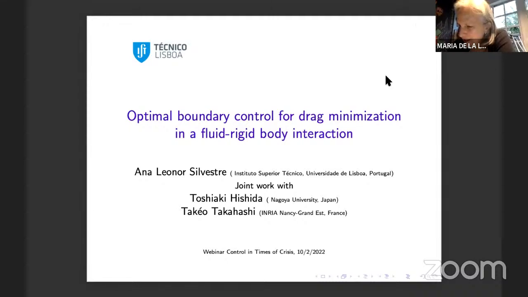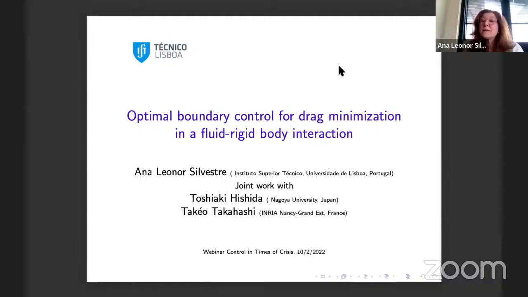As I understood, for your optimal controls you're acting on all the components of the Navier-Stokes equation, no? Yes, sí. Is it possible to eliminate one of the components? Have you thought about that?